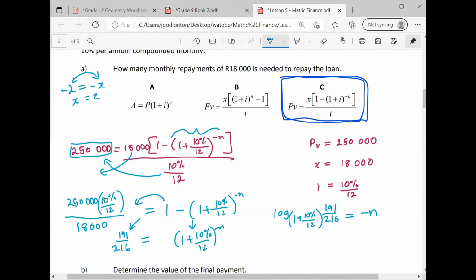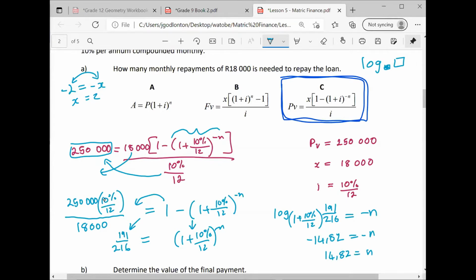So on your calculator, remember, you're going to use the log, which has log and then a little closed square and then an open square. On mine, it's right on the right-hand side next to the on button. And I'm going to put in my values, and I get negative 14,82 is equal to negative n, which means n is 14,82.